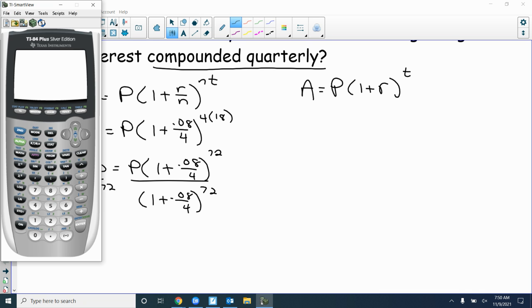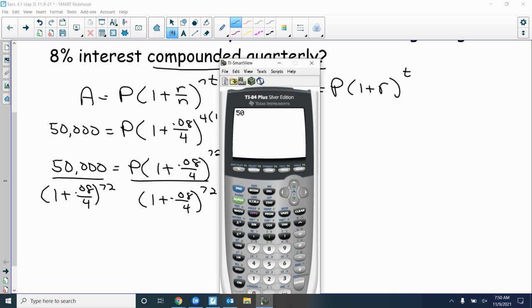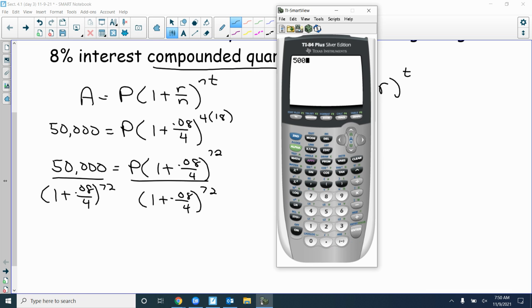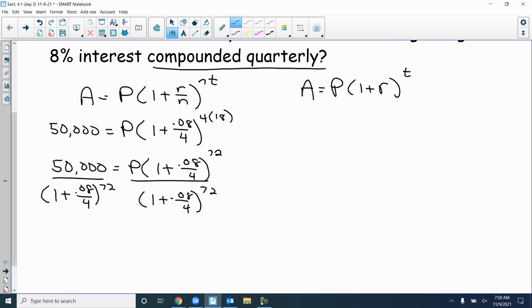Let me move it over here. 50,000 divided by (1 plus 0.08 divided by 4) to the 72nd power. Yeah, I get the same thing. So however you input it, that's fine. Be careful you don't round off. 12,015.94.